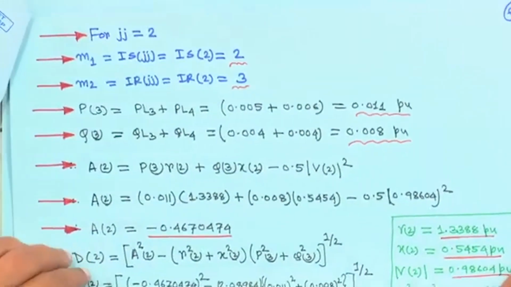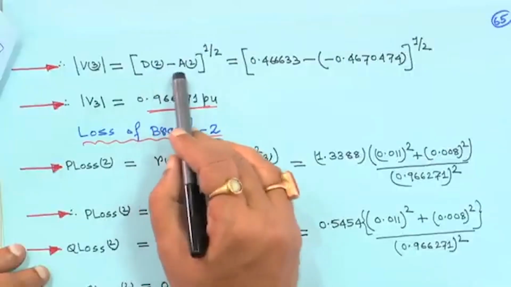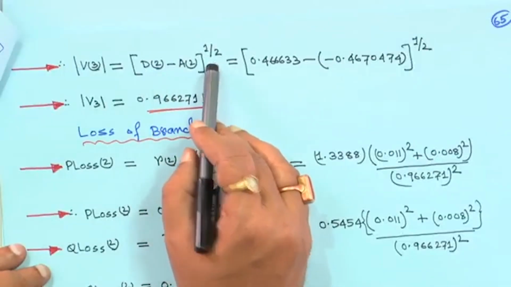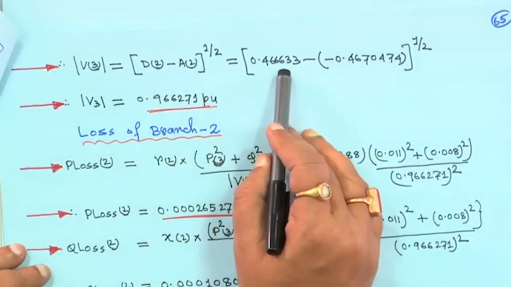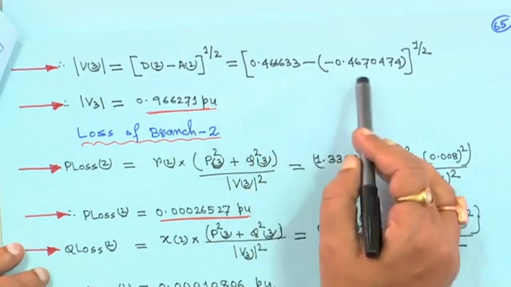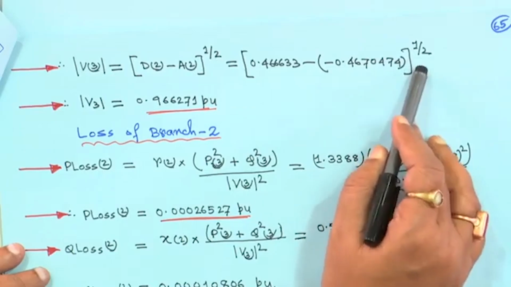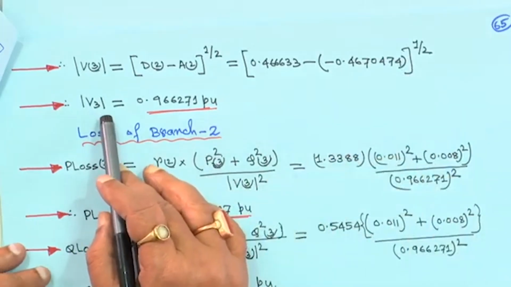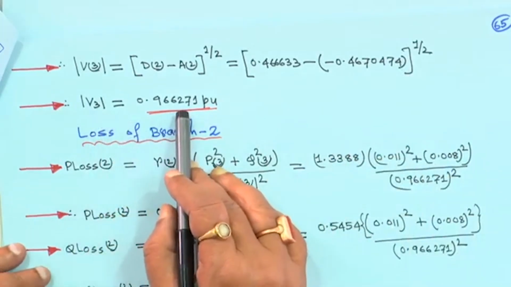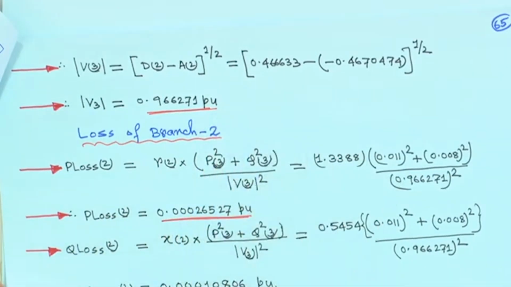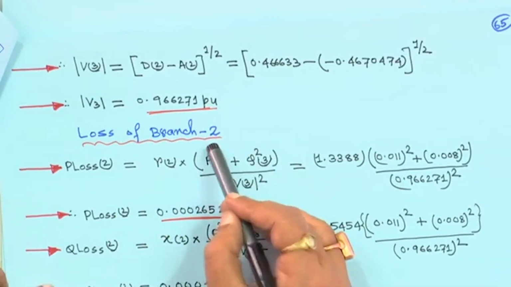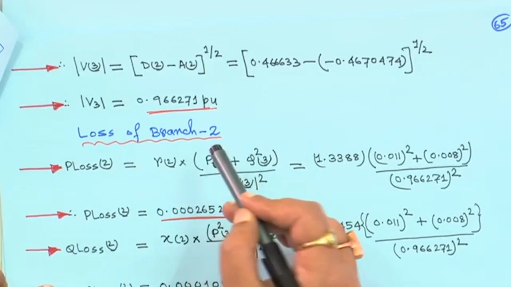Therefore, your V3 will be D2 minus A2 to the power half. Substitute 0.4666333 minus, in bracket, minus 0.4670474, to the power half. So, magnitude of V3 will be 0.966271 per unit. Then will be loss of branch 2.